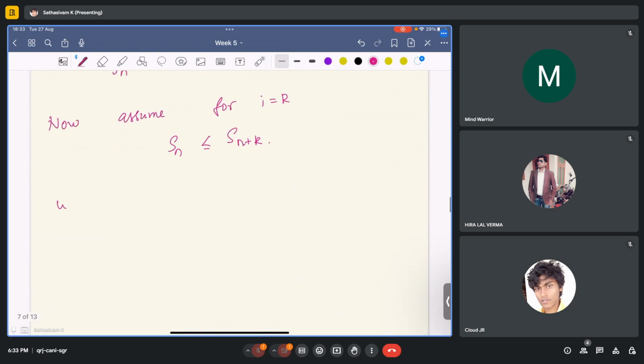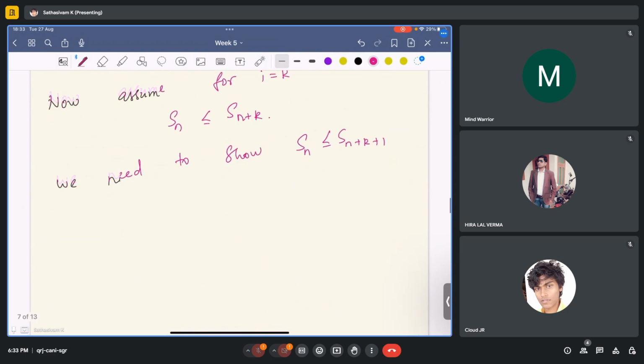This is the induction hypothesis. On the induction step, we need to show that Sn is contained in S n plus k plus 1.